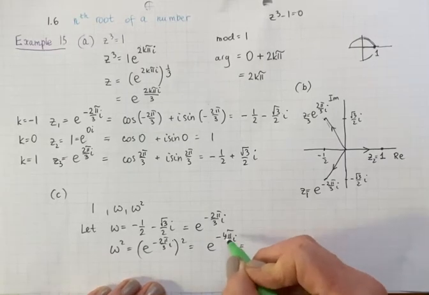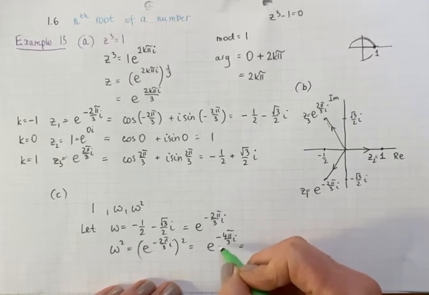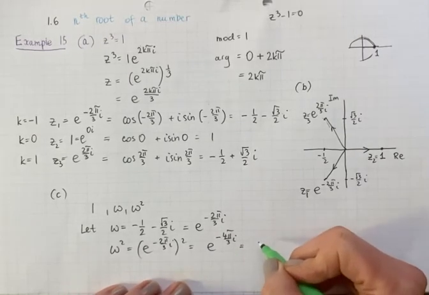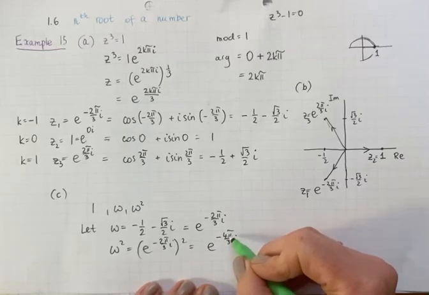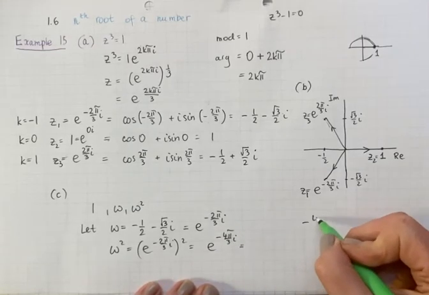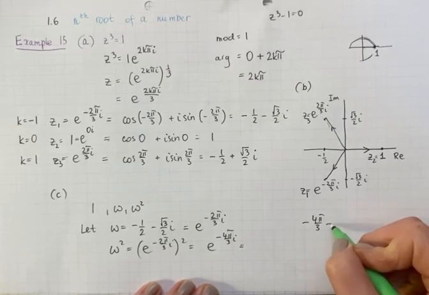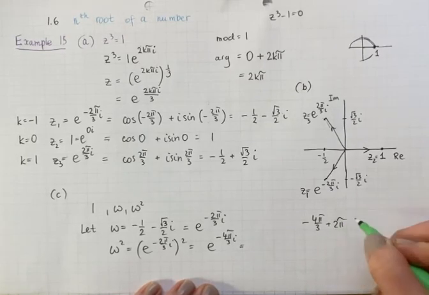Now, if you notice, minus 4π/3 is less than minus π, so we need to adjust the argument. So minus 4π/3, let's add 2π, so it falls between minus π and π.